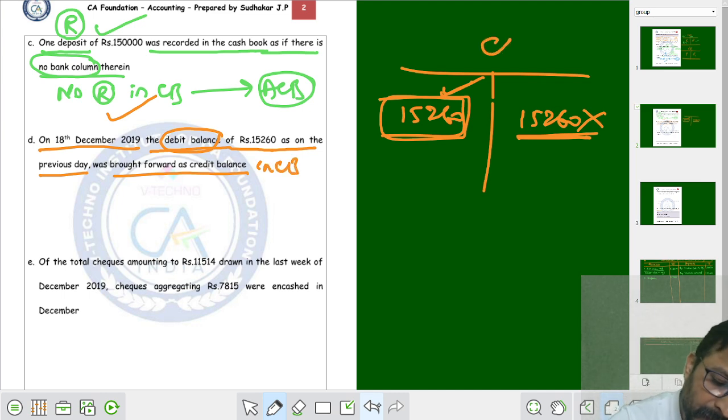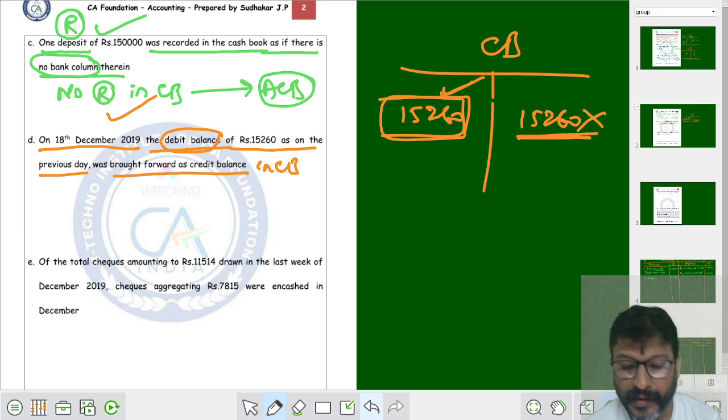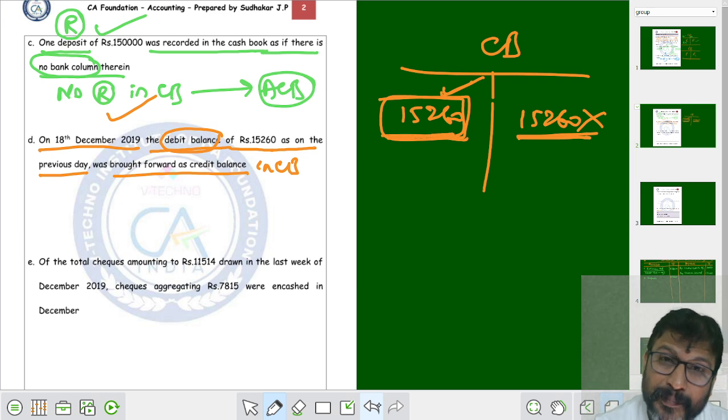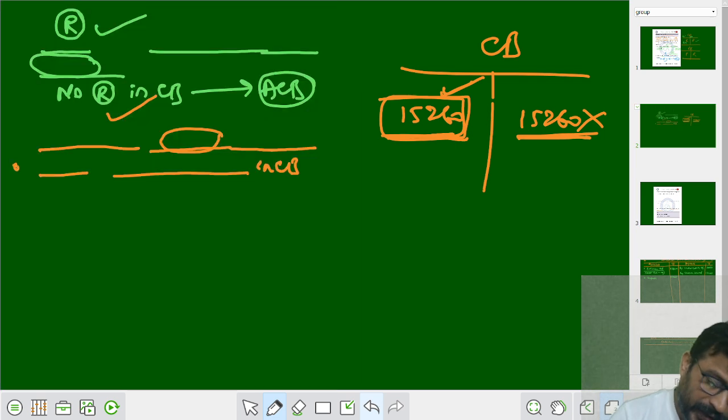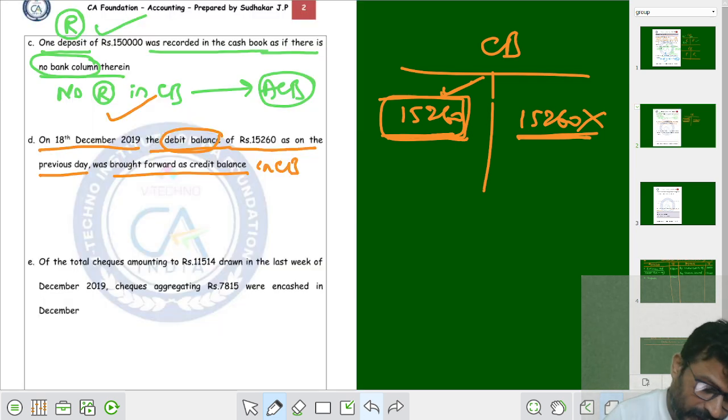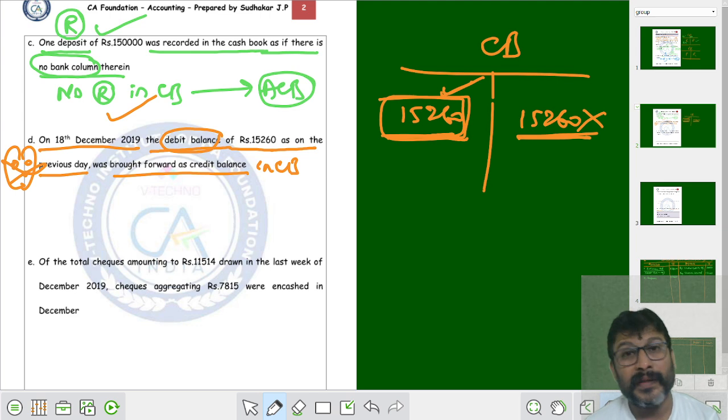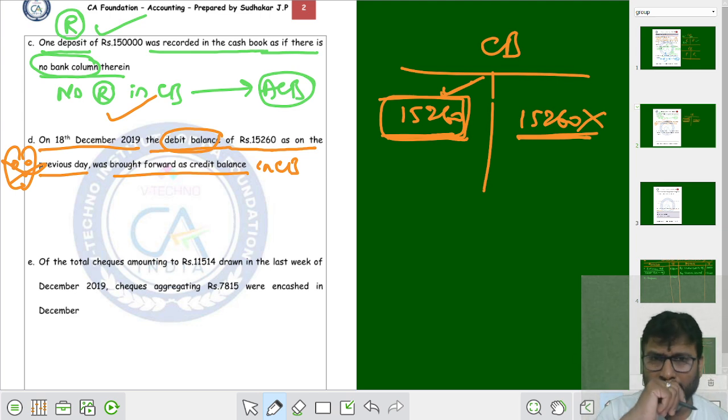Now, please listen, it's a very confusing point, a very tough point. You can even put a danger symbol for this particular point. Instead of debit, what has he done?